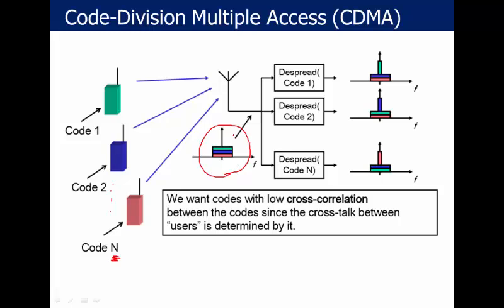This is received, then we need to despread, so that part of this is for code 1, part of this is finally code 1, and this will be the code 2 and code n. Right? So we will look at that.